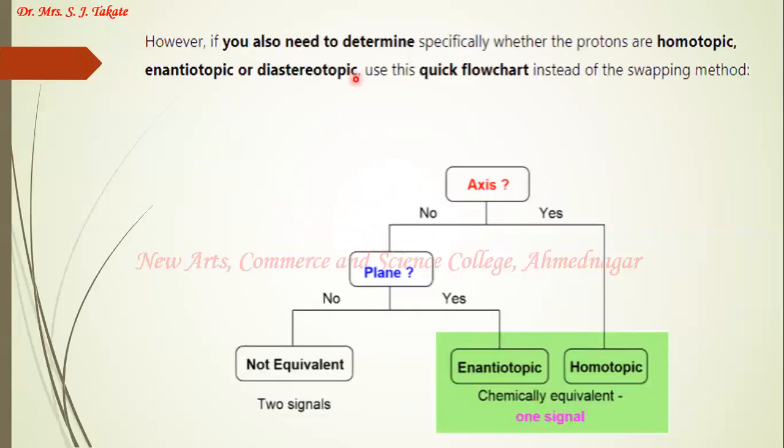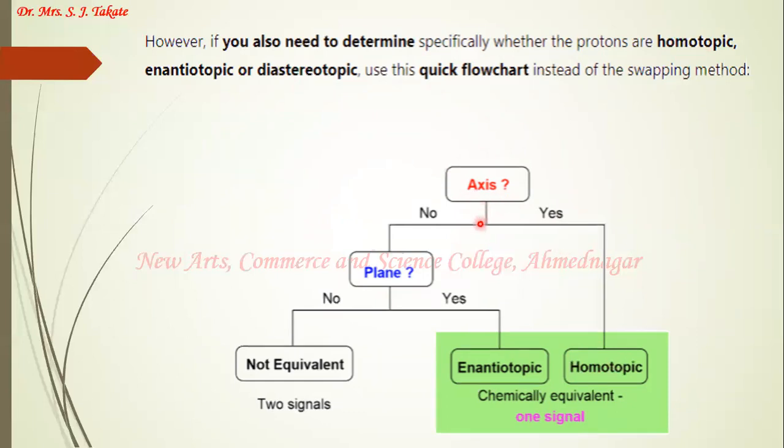If I want to check whether the protons are homotopic, enantiotopic or diastereotopic, then we should look for some symmetry element. Take the molecule and check whether it possesses an axis of symmetry. If an axis of symmetry is present, if the answer is yes, then the protons are homotopic.